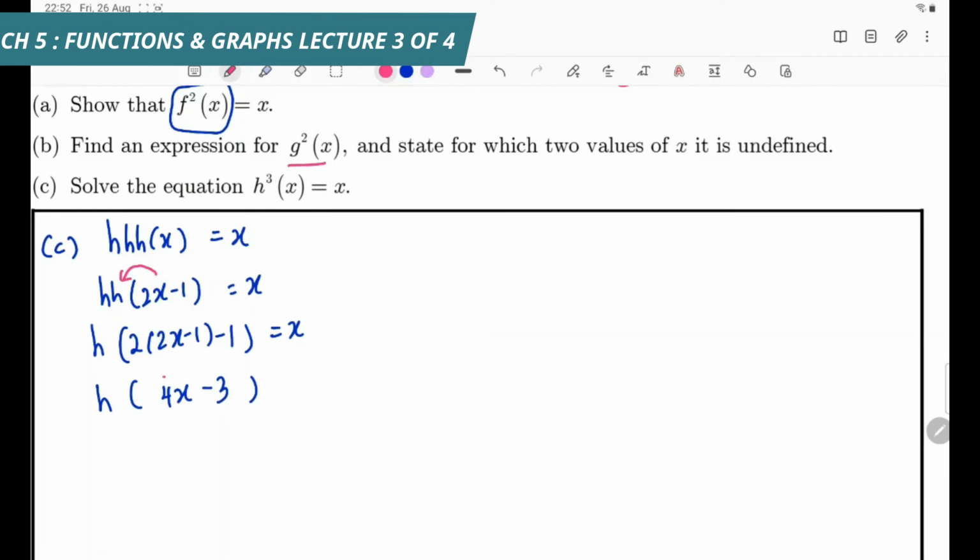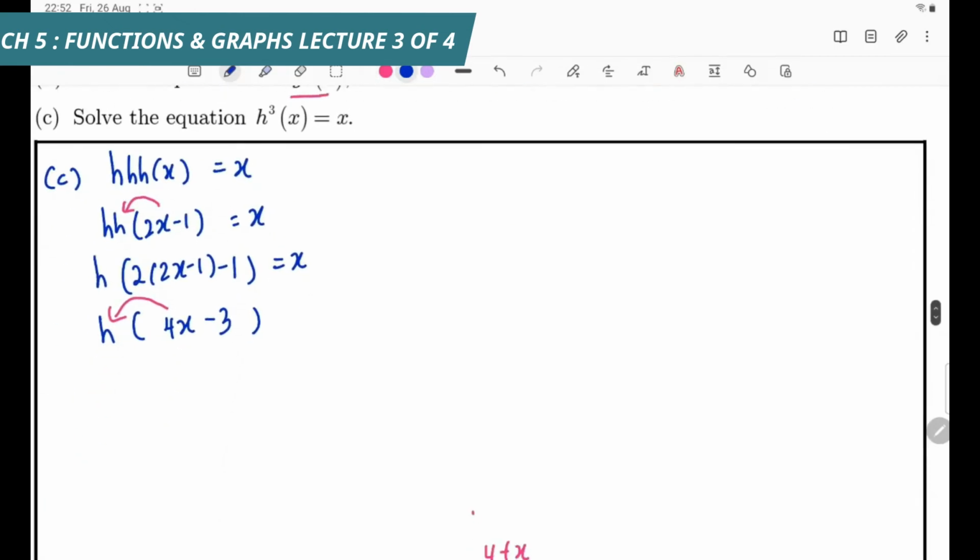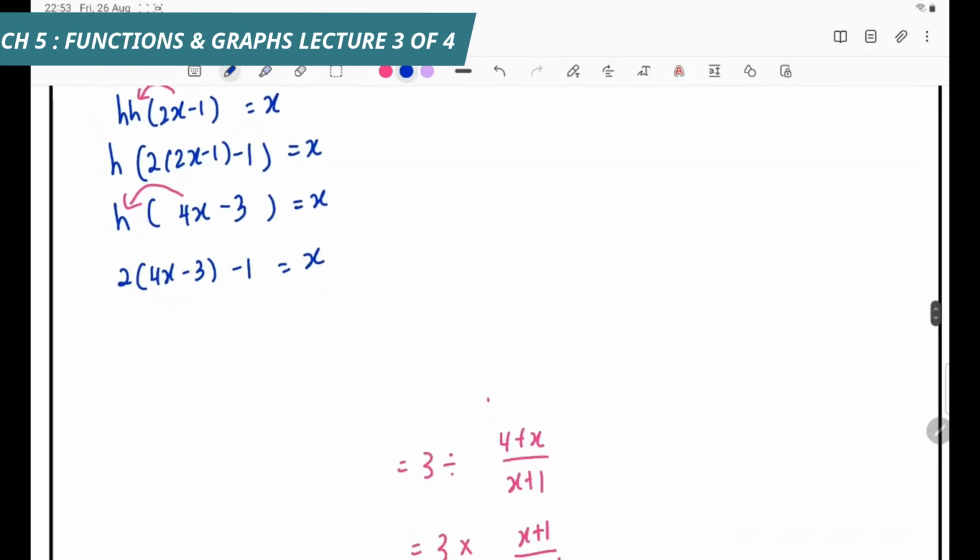And then substitute 4x minus 3 into the h again, and then make it equal to x. And then simplify. And we get x equal to 1.